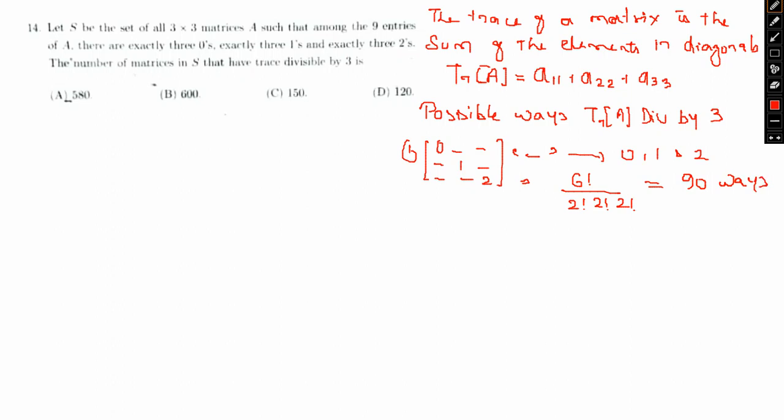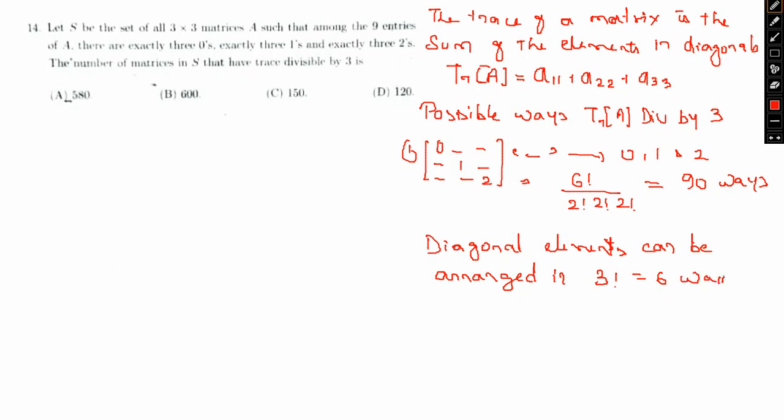I hope this is clear. Now if we talk about the diagonal elements, since there are 3 diagonal elements, they can be arranged in 3 factorial ways, that is 6 ways.